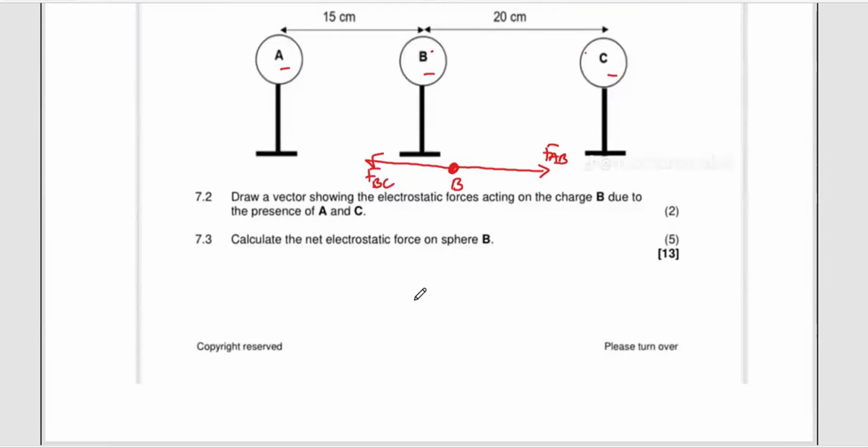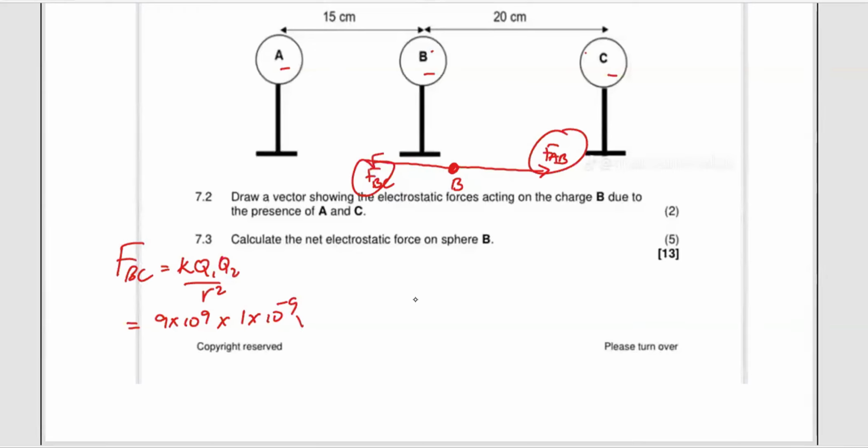And then calculate the net electrostatic force. So for the net, I need to first calculate this and also calculate that, and then I'll subtract the two since they're in opposite directions. So the force of B on C is going to be k Q1 Q2 over r squared. 9 times 10 to the 9, the Q1 is 1 times 10 to the negative 9, the Q2 is the same, 1 times 10 to the negative 9, divided by r squared, which is 15 centimeters.